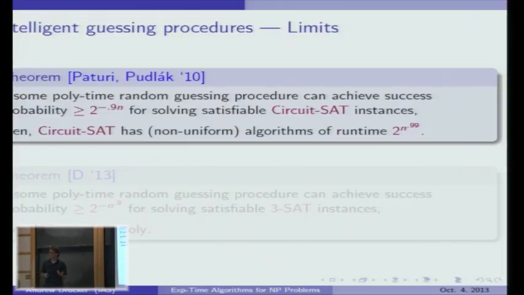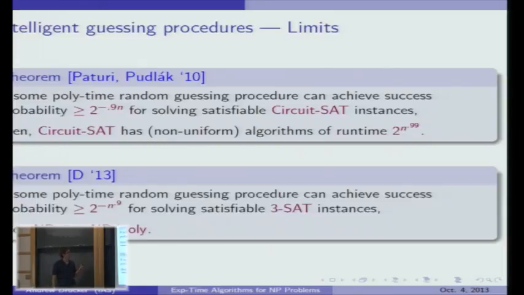In particular, you can pick a setting for any random bits you might want to use that's good enough for all the inputs of length n. So in this non-uniform setting, randomness can be eliminated. It's a general principle, but they also have some results about the uniform setting, where they would use randomness. And I was inspired by their work and wanted to study this issue further.